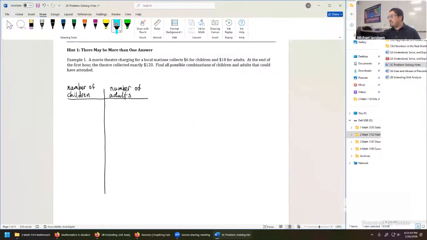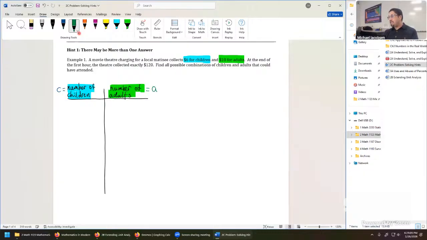So let's organize this even further. For number of children, let's compare that against the cost for each child ticket. For number of adults, let's compare that against this cost as well, $10 for adults. Instead of writing down the full word, number of children, let's put down a variable. Let's call this C is the number of children.